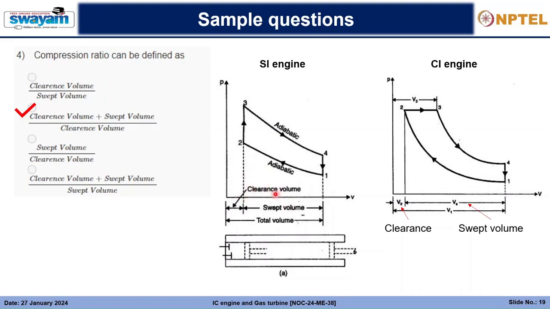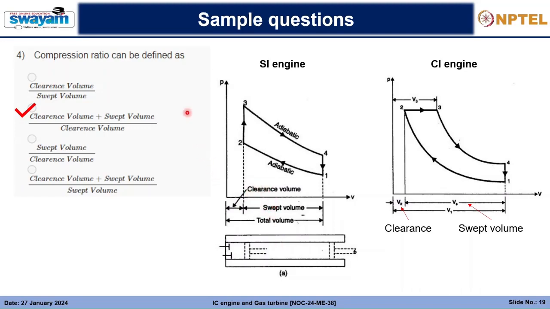But that is actually creating some negative effect, because if the clearance is not present, the pressure would have gone much higher, and that way more work can be obtained from the heat. But the clearance is necessary, so we should not ignore it.